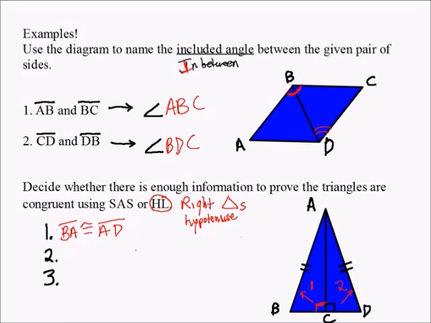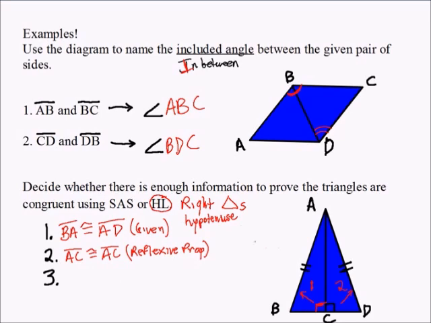According to the reflexive property, side AC has to be congruent to itself, AC. So we're going to say the reflexive property. And let's say this is given, because the picture gives it to us.